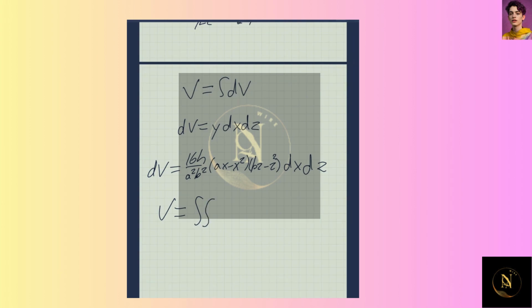And now we can start the integral for the volume. You have to integrate across x and z direction for this volume, from 0 to b and from 0 to a. Now we can plug in dV.